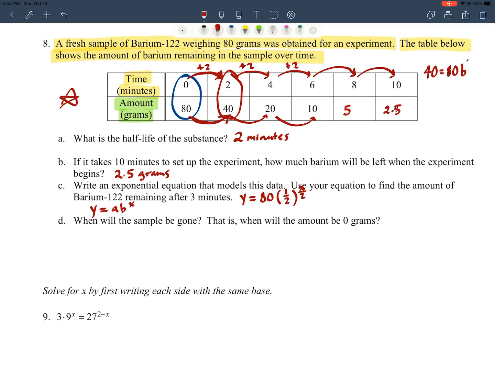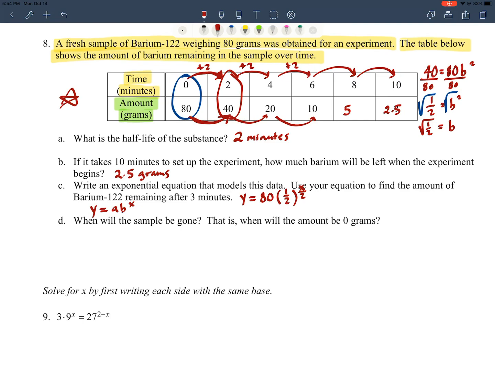So we'd have this to the power of x, and our x is actually 2 on this one. So in order to solve that, we'd have to divide both sides by 80. So we get 1/2 is actually equal to b squared. So then we'd have to take the square root of each side. And since we don't have to worry about negatives, b would equal the square root of 1/2.